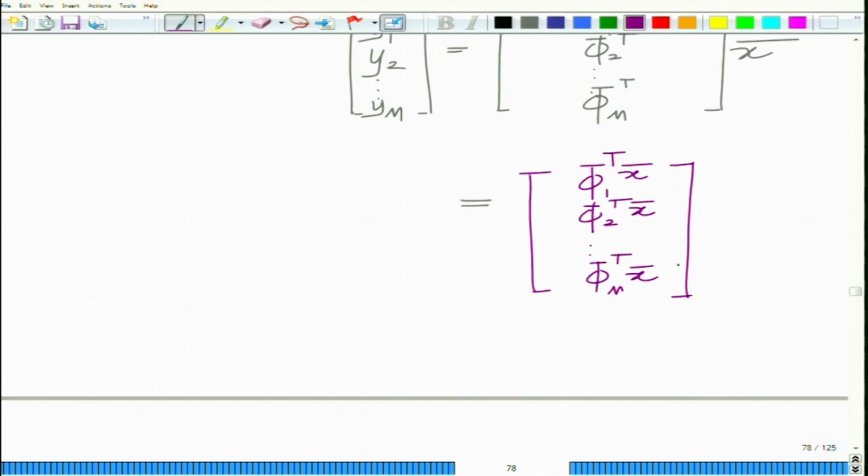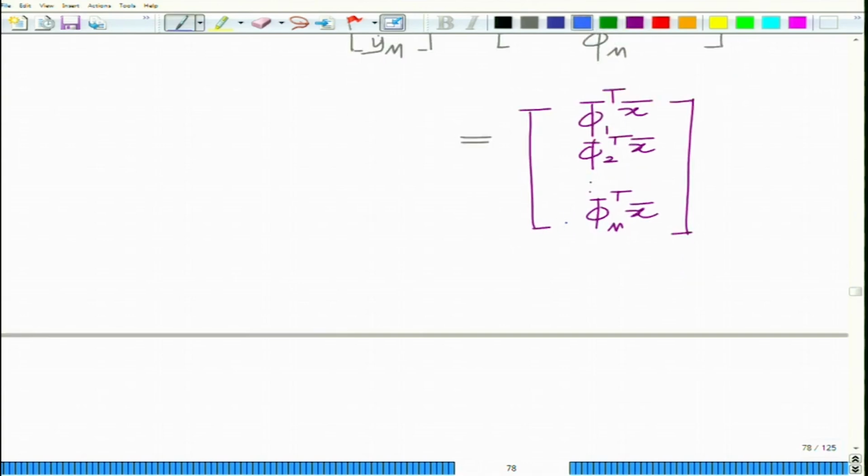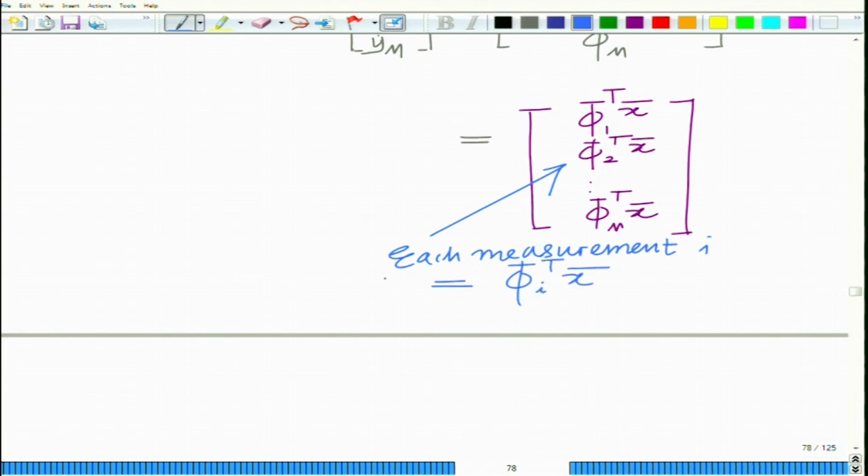So, each is a projection. Each measurement yi, which is phi i bar transpose x bar, is the projection of x bar on the random noise like waveform phi i bar.